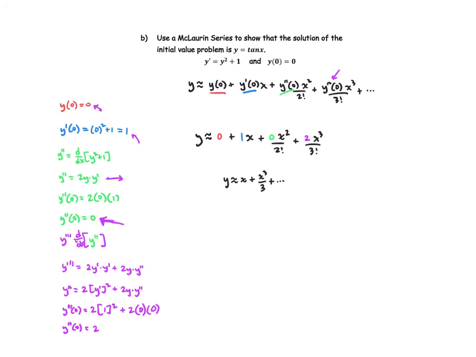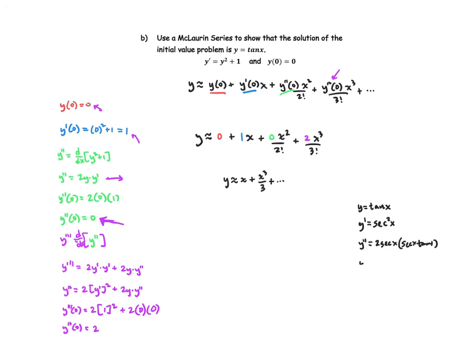Okay, so let's say that y equals tan x. Then y prime would equal secant squared x. Thus, y double prime will utilize the chain rule, which would be 2 secant x, and then we'd multiply by the derivative of secant x, which is secant x tangent x.